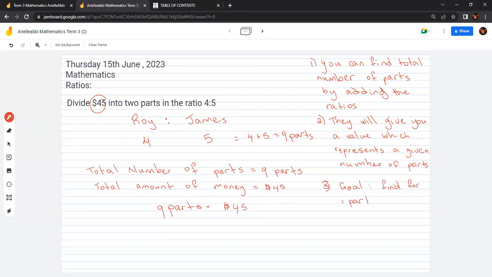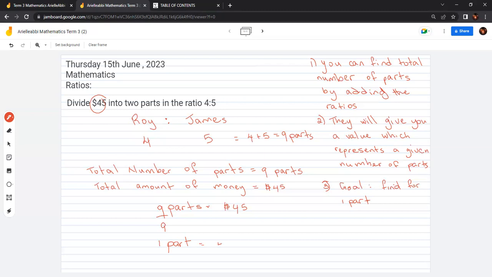So in order to make 9 into 1, I could divide by 9. 9 divided by 9 is 1 part. So 1 part is equal to, but whatever we do to one side we have to do the same to the other.